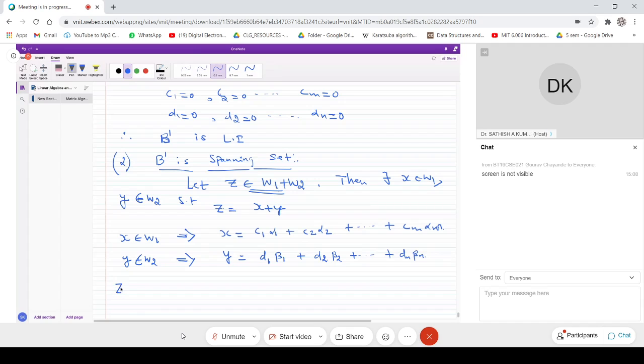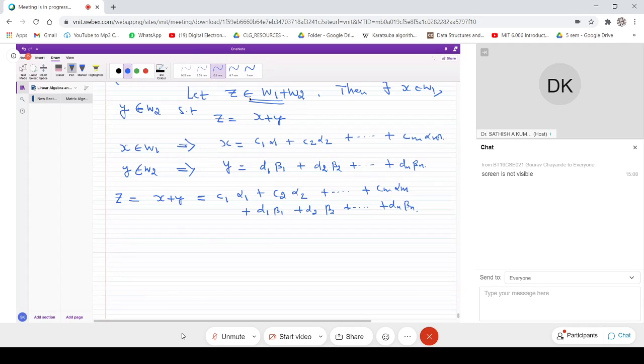Now z equals x plus y, which is nothing but the addition of these two. So this is c1 alpha 1 plus c2 alpha 2 plus etc. cm alpha m plus d1 beta 1 plus d2 beta 2 plus etc. dn beta n.